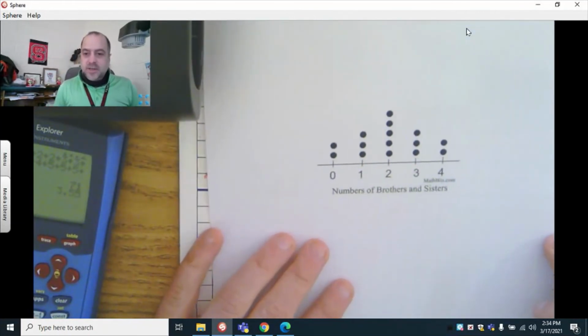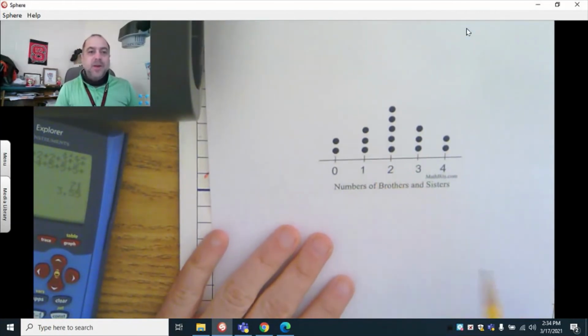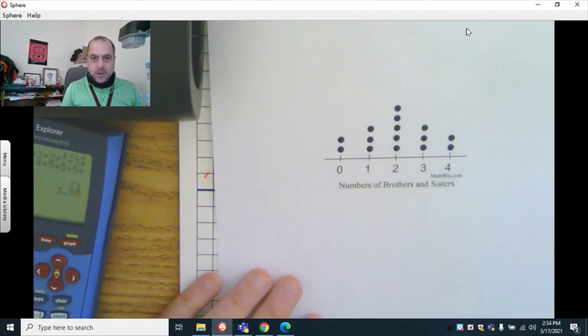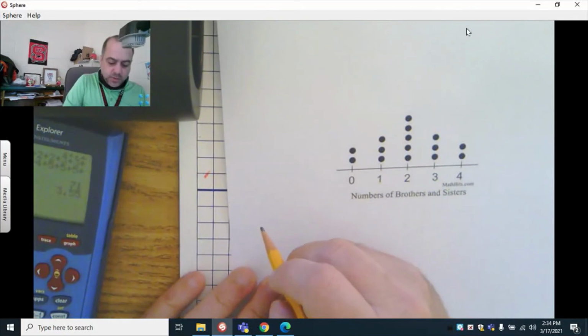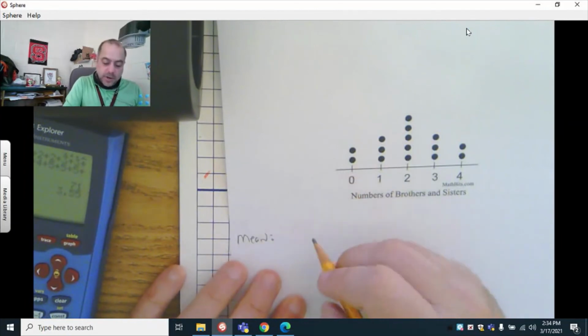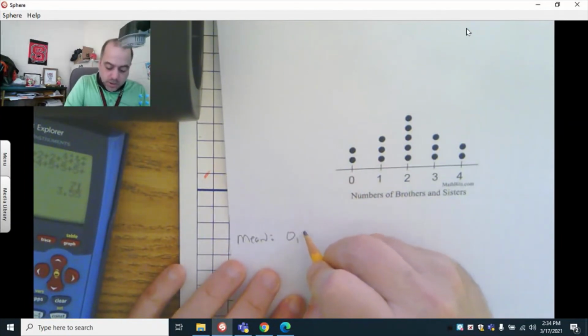All right? They asked some kids to say how many brothers and sisters they had. Okay? So there are our numbers. All right? So let's start off by doing the mean. So we got to add them all up.